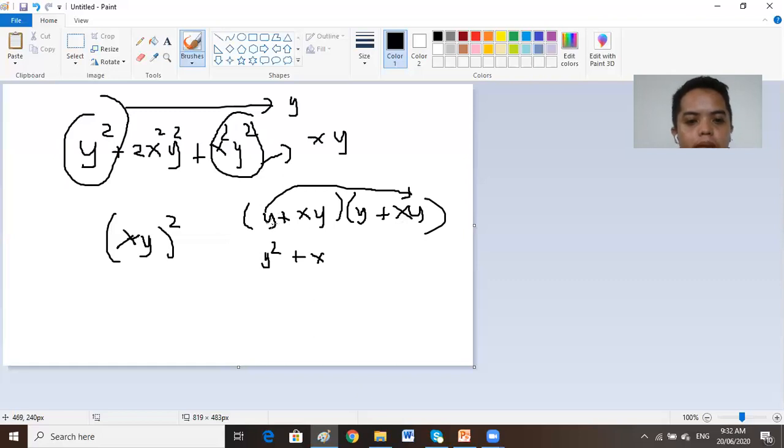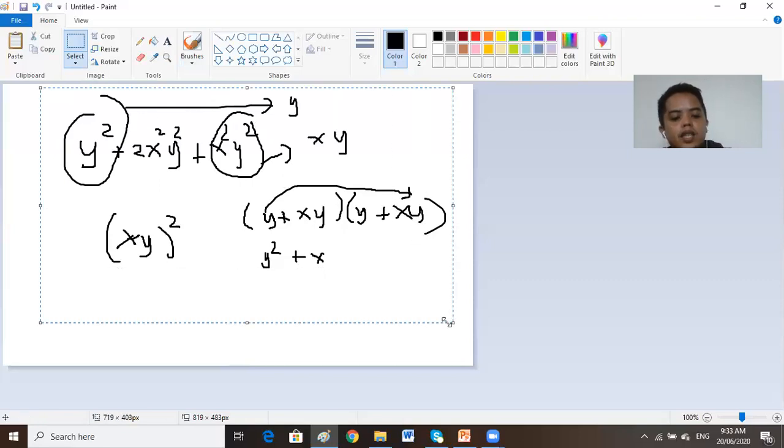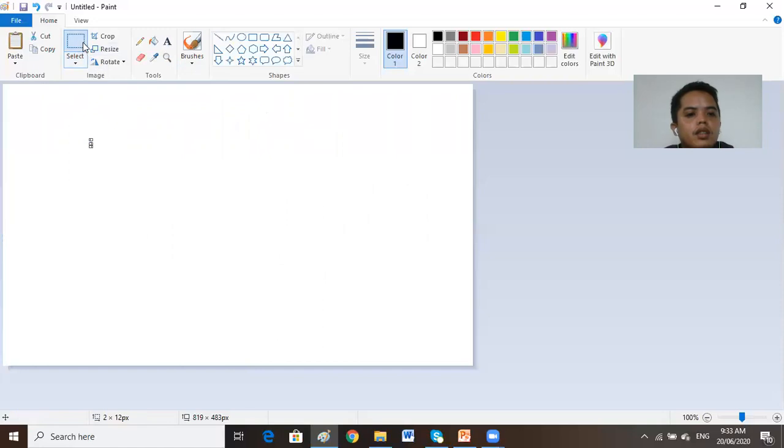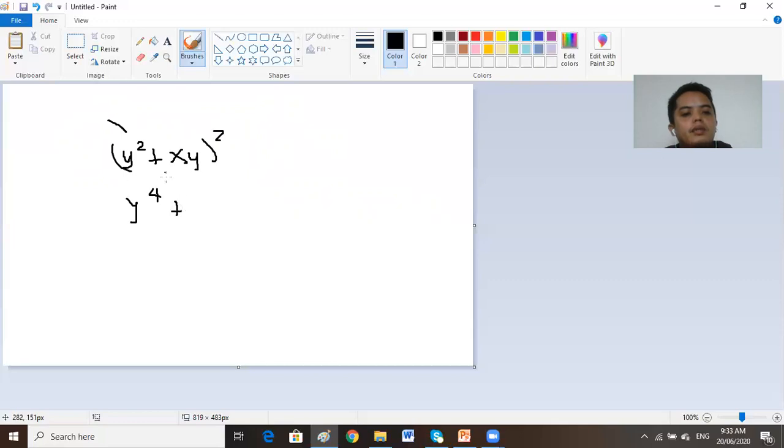So what is missing here? There is a missing term in the given.